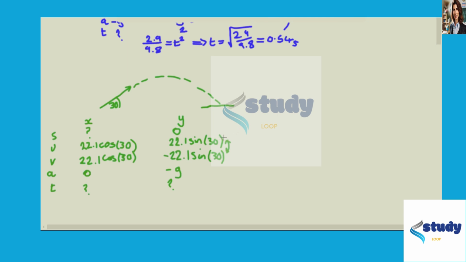Well, the first thing we want to do is figure out how long we've been in the air for, and we can get this from the vertical direction. So how long have we been in the air for? Well, what values do we have? We have V, we have U, we have A, so we might as well use V equals U plus AT.